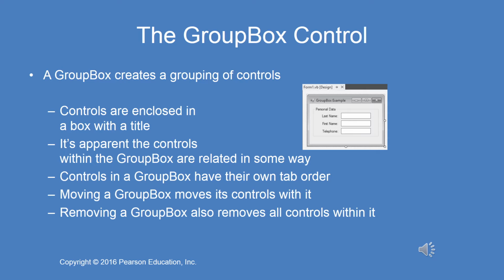They have their own tab order within the GroupBox. When you move a GroupBox, all the controls move with it. And if you remove a GroupBox, you also remove all the controls within it. So be careful in deleting a GroupBox if you don't want the controls to go with it.